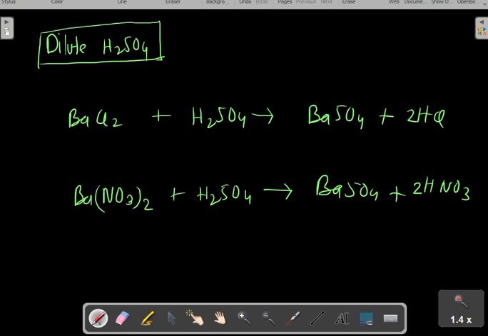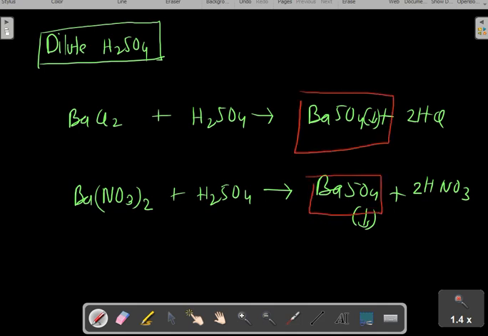Here you can see that barium sulfate will make the precipitate, that is actually a white precipitate. Since barium sulfate is not soluble in the dilute H2SO4, it will make the white precipitate. So due to the presence of the white precipitate, you can identify the presence of dilute sulfuric acid.